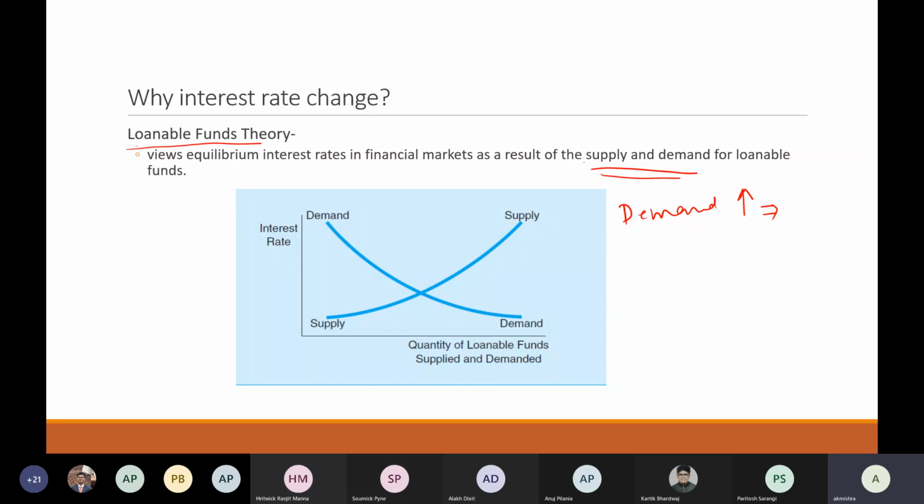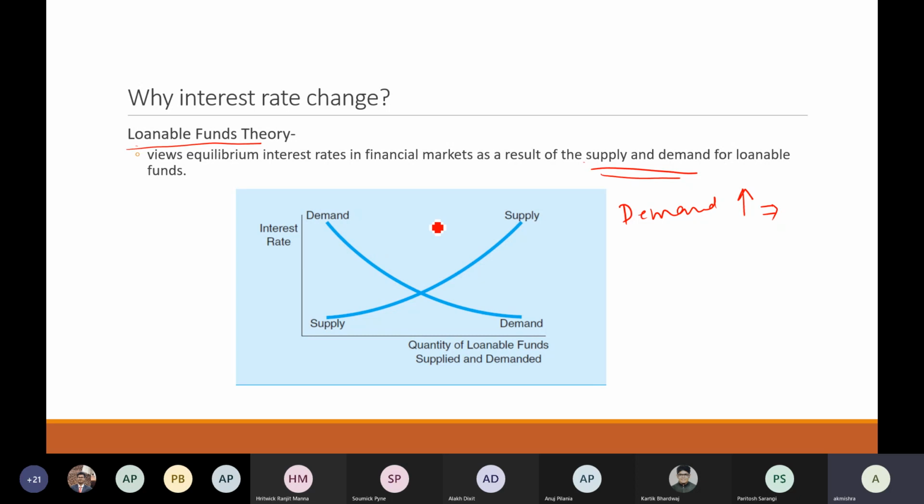More or less, you would have studied this theory in your previous courses, or in general when we talk about demand and supply, this is how the relationship exists. So whenever demand for funds goes up, and assuming that available fund is limited or constant, of course interest rate will go up.